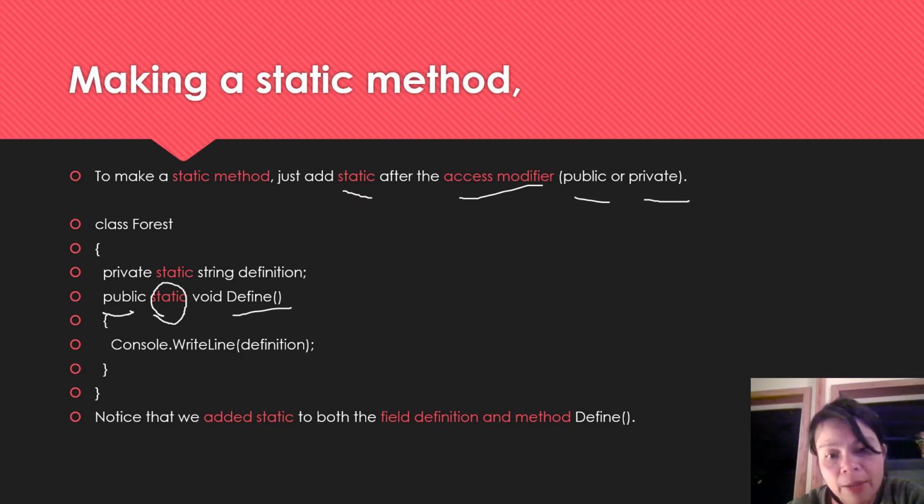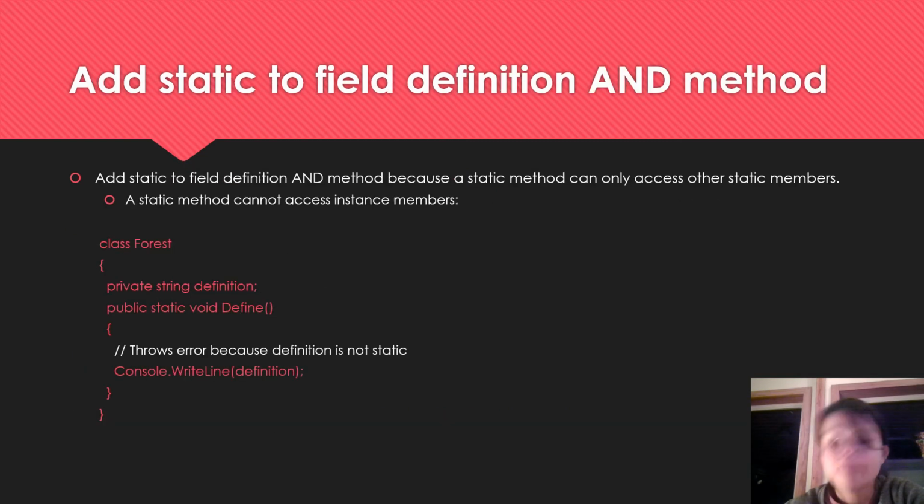Notice that we add static to both the field definition, this is the field, and also to the method, right? We add static to the field definition and to the method, because a static method can only access other static members. So a static method cannot access instance members.